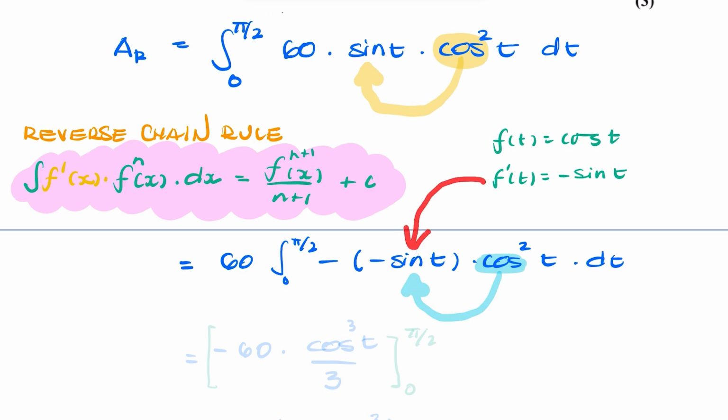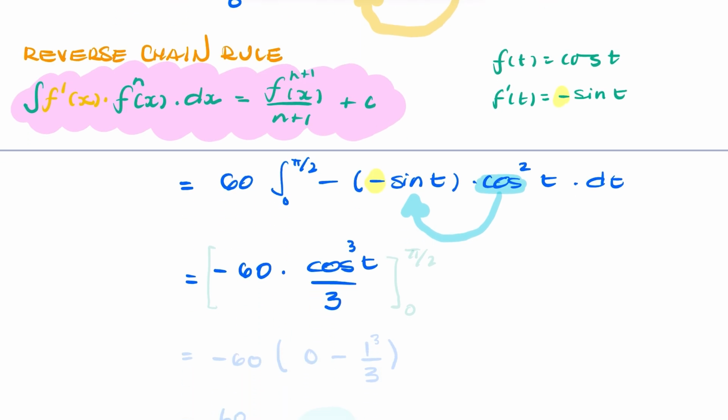So now it looks exactly like my chain rule. You've got the derivative multiplied by the function. And this minus is there simply to cancel that minus. So I can say my answer is negative 60 times cosine t to the power 3 divided by 3 with limits of 0 and pi over 2.